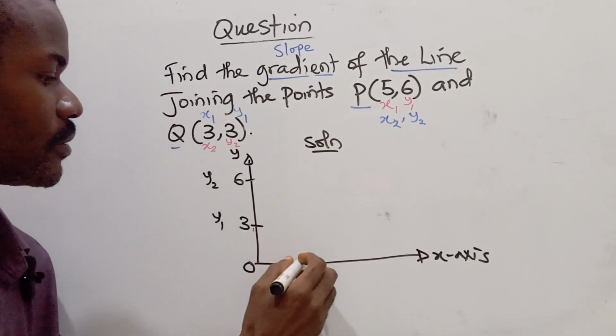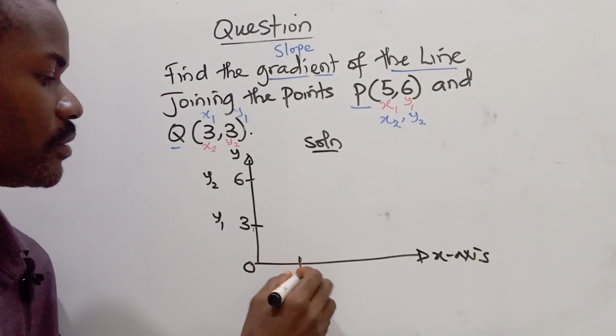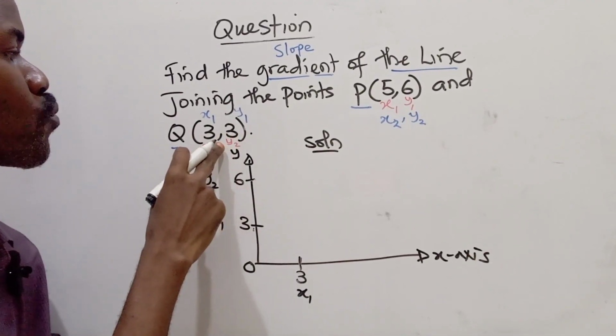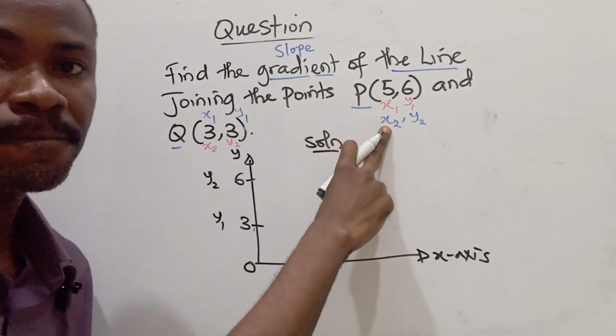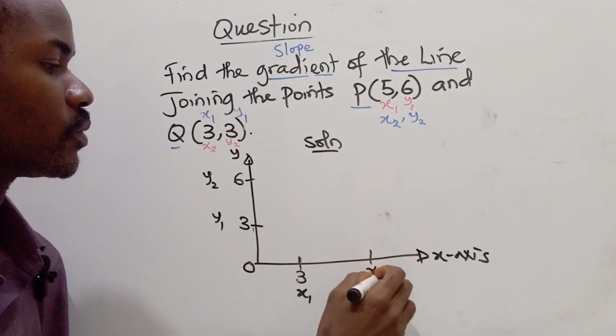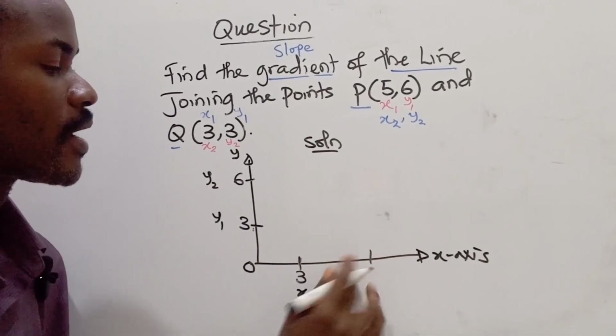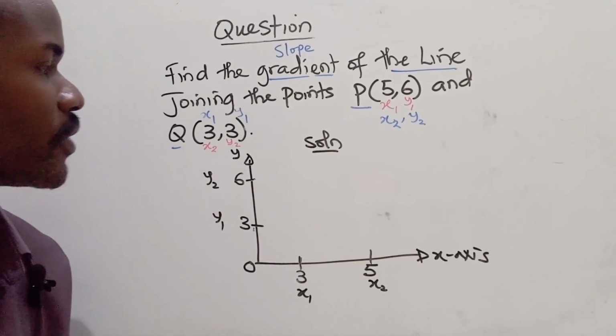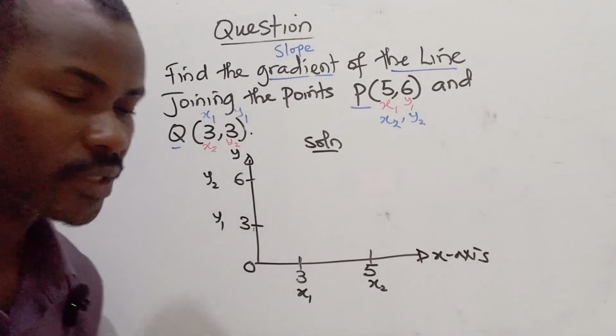Our x1 is 3, so somewhere around here, 3. That's my x1. And our x2, which is 5. So 5 for x2.